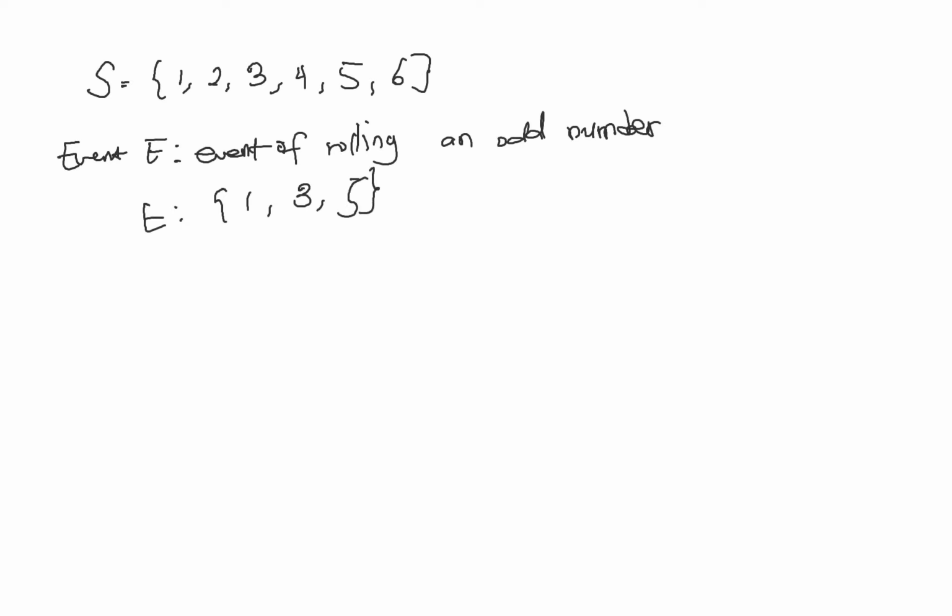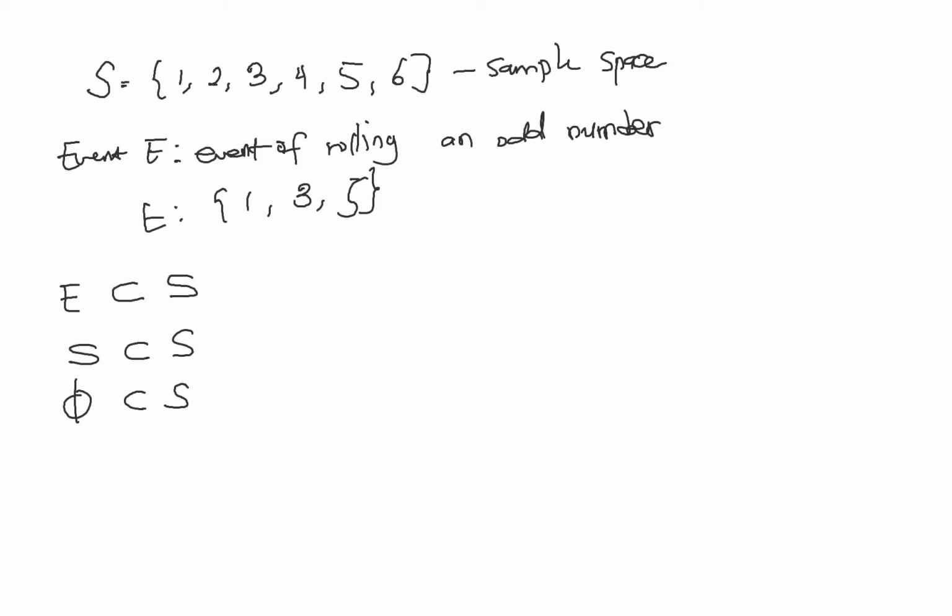So in this case, we say that E is a subset of S. We are saying that S is also a subset of itself. And again, the empty set is a subset of S, because the empty set is a subset of every single set. Now, this set S is a sample space because it contains all possible outcomes of the experiment of rolling a fair die once. So in essence, you describe the sample space and all of these based on the kind of experiments we are talking about.